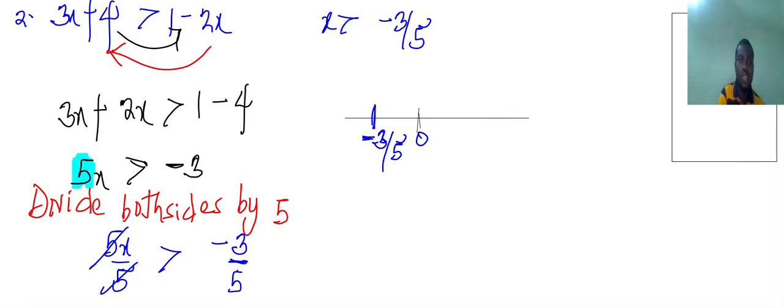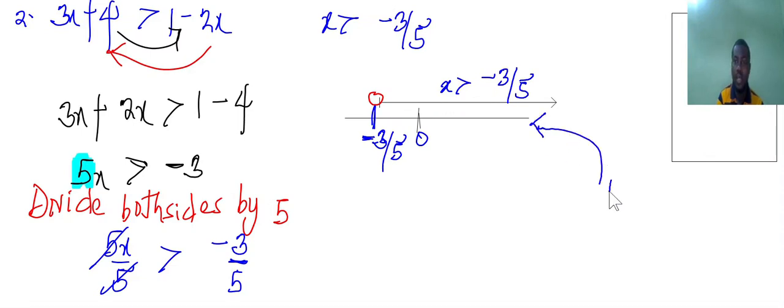So numbers greater than minus 3 over 5 will come towards the right of minus 3 over 5. So here we have x bigger than minus 3 over 5, and that's the number line representation. Okay, we have another one.